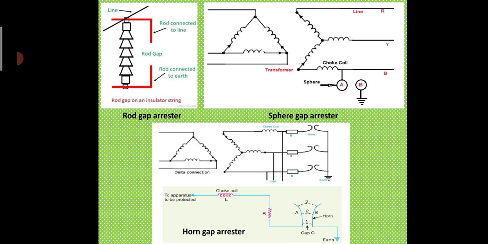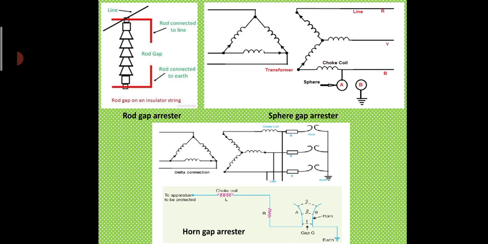There is no discharge at normal voltage in healthy conditions. When the overvoltage comes, the air between the spheres breaks down and the arc is produced between the spheres. The arc goes up due to the heat. Arc continues at the normal voltage and it stops when the voltage is not available, when the circuit breaker is tripped.